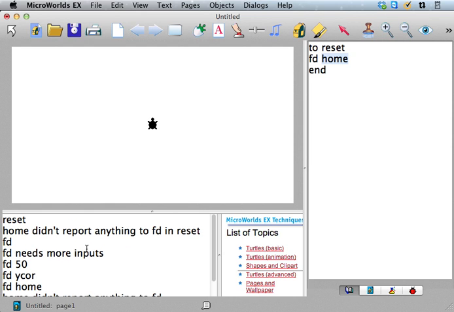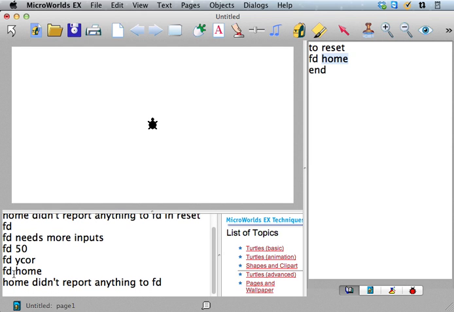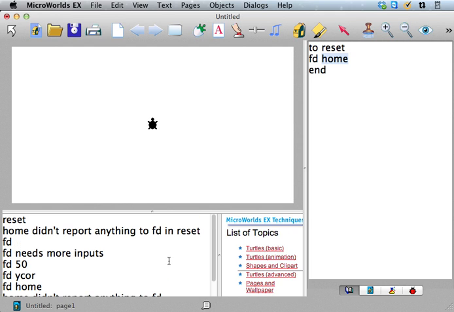Oh, also one other thing important to notice: when we wrote FD home in the command center, it just said home didn't report anything to FD. When we ran our reset procedure, it said home didn't report anything to FD in reset.